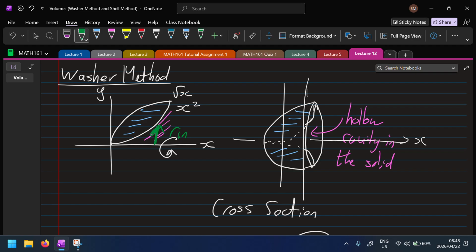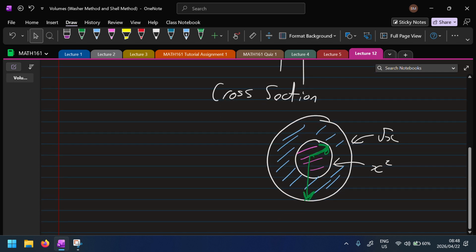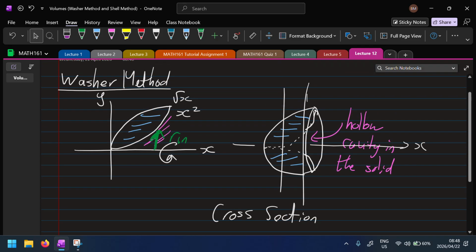Does everyone see that? So the inner circle in pink, that corresponds to that distance up to x squared when we rotate that around. What about this outer radius from the center to the end of the blue part? That's going to correspond to this distance. Let's call that R out, so outer radius.